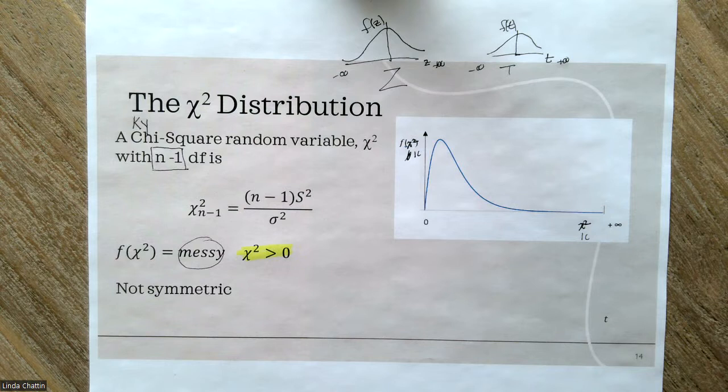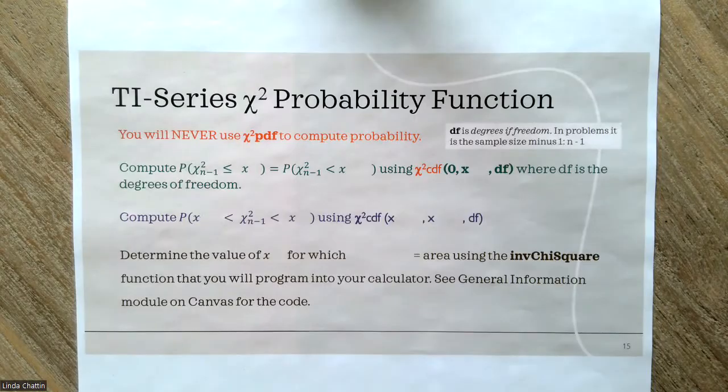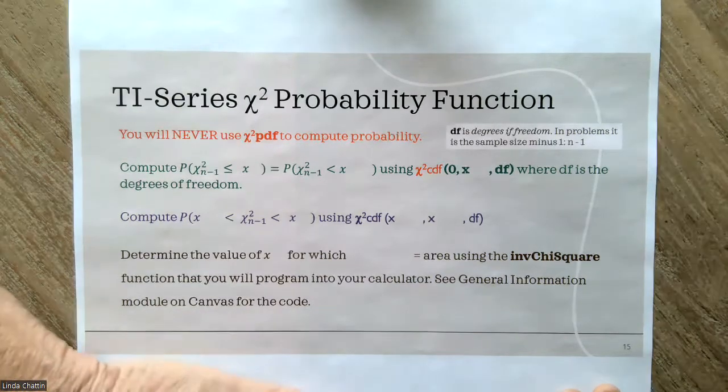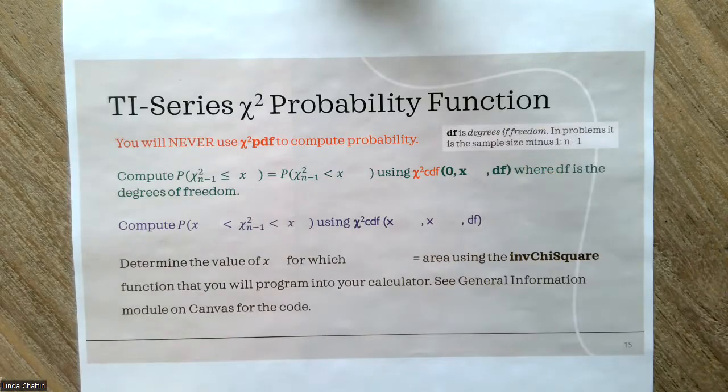You might ever have to, I don't know if you will, but let me show you how to do it. In the TI series, you can figure out probabilities, just like with the z and with the t. The chi-square has a CDF function so that you can do some integrating. Again, I'm going to use the letters DF for degrees of freedom.